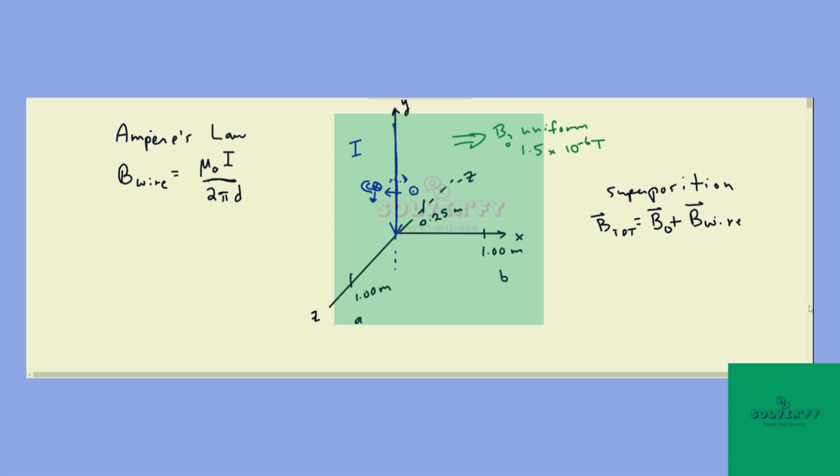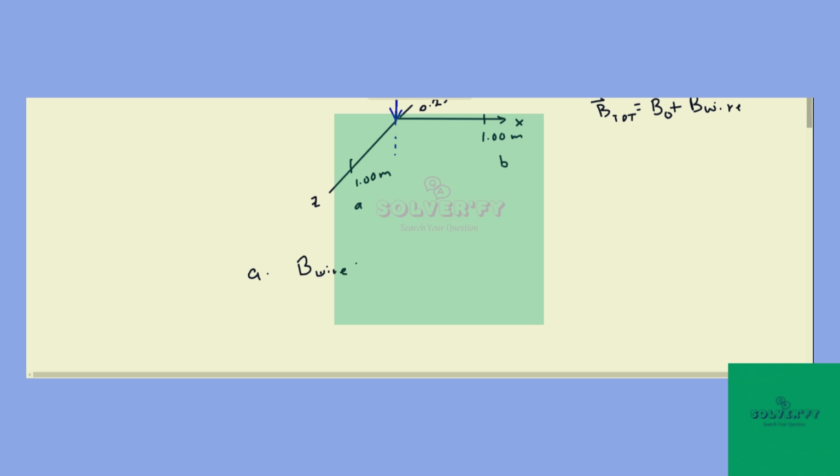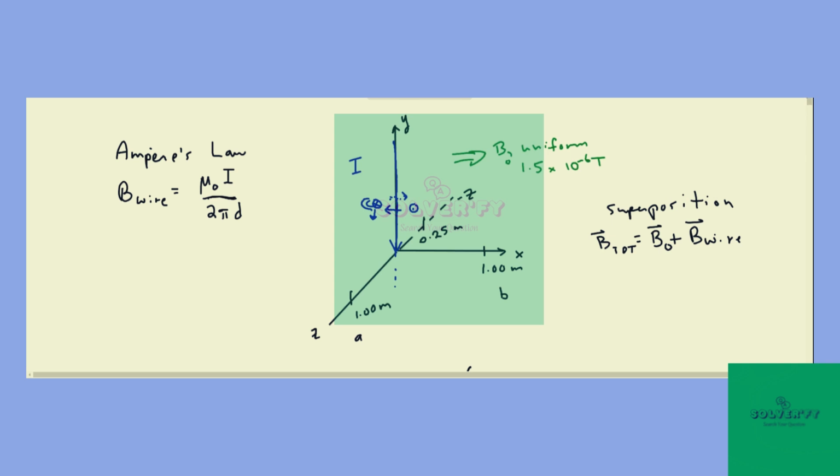For point A, okay, we're going to figure out the magnitude of the B wire. It is mu naught, which is 4 pi times 10 to the minus 7, a constant, times the current, which they give as 8 amps.